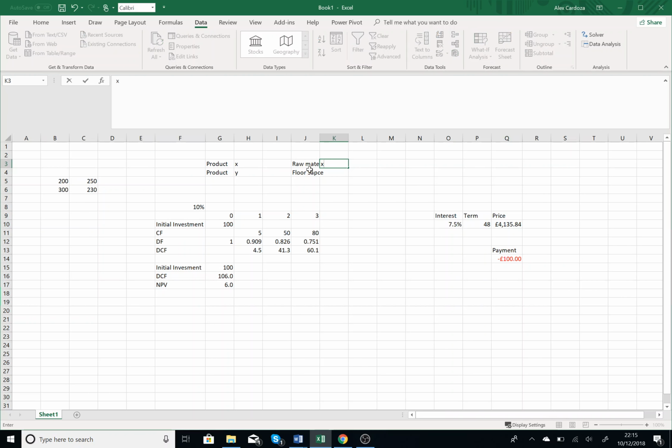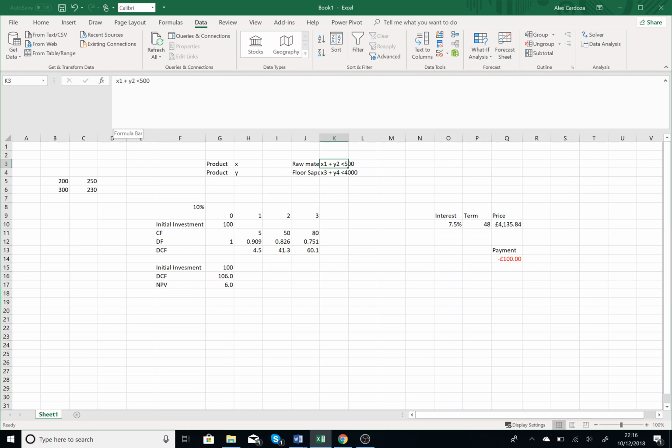It would always be X plus Y less than 500, and then X plus Y less than 4,000. And let's say in this case X uses 1 and Y uses 2, and then X uses 3 and Y uses 4. You would always expect to see it written like that.